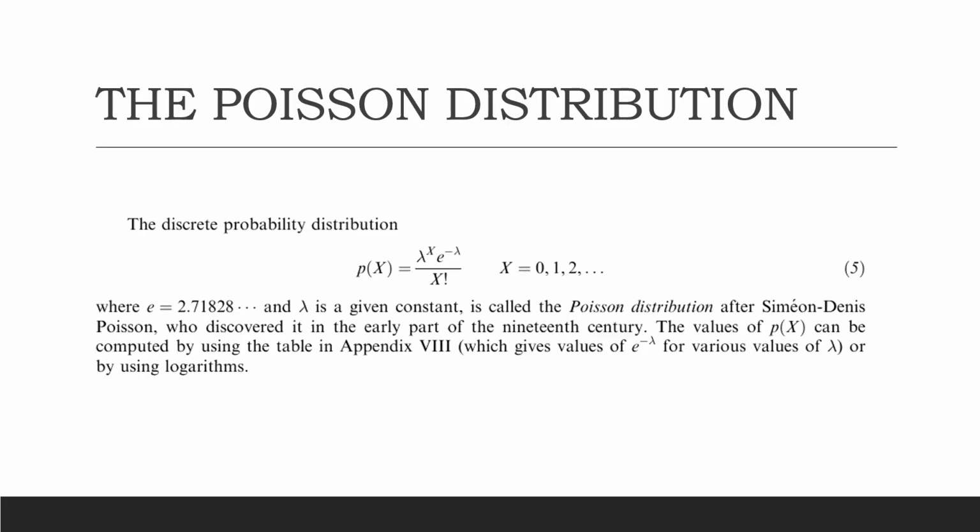The variable is x, and lambda is the mean, a constant value. e is also a constant. Lambda is given in the question. Then you need to divide by the factorial of x. You already know how to calculate the factorial of a number.